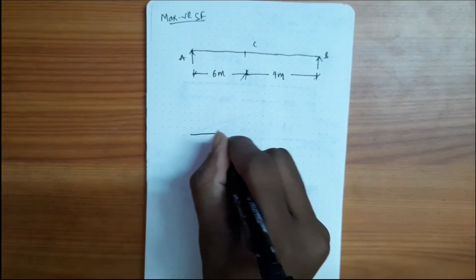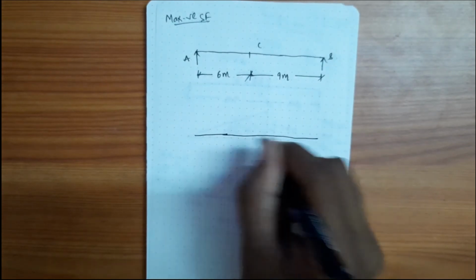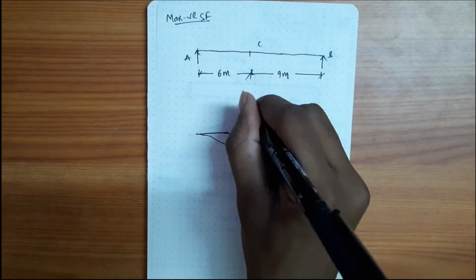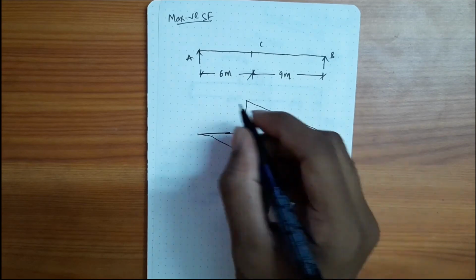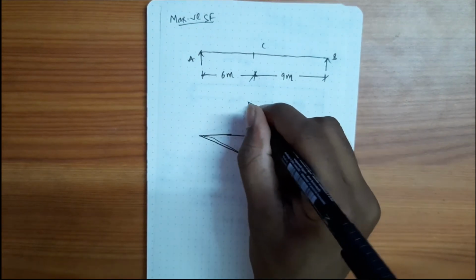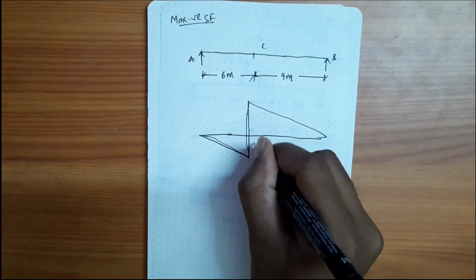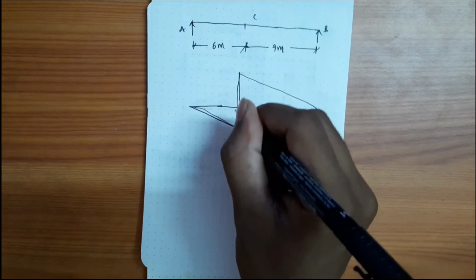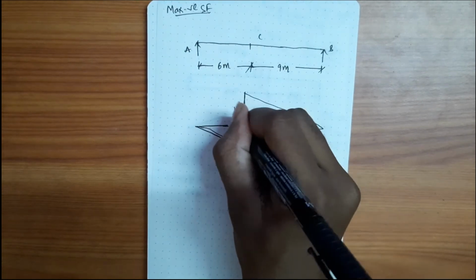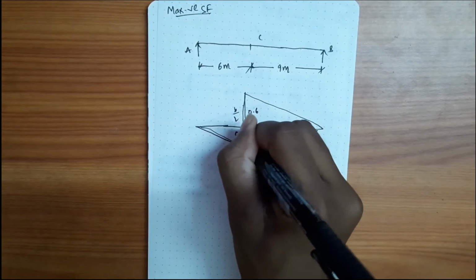Draw the ILD for shear force. This is the ILD for shear force. This is A by L, B by L, or 0.6, 0.4.